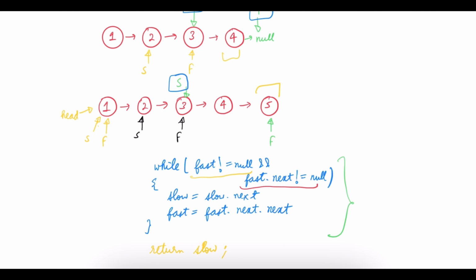Basically these two checks are for even and odd lengths. This check is for even length and this check is for odd length, and this covers both the odd and even cases and all the test cases.